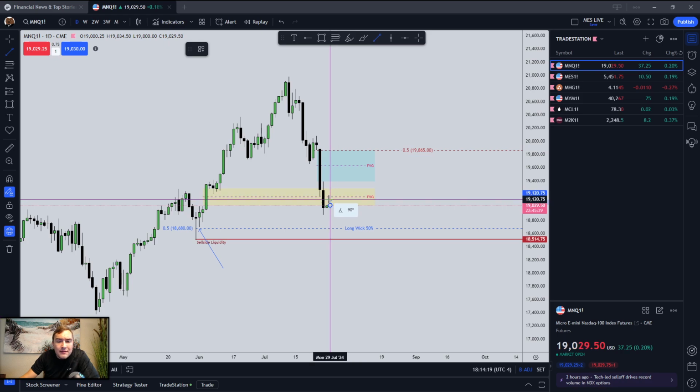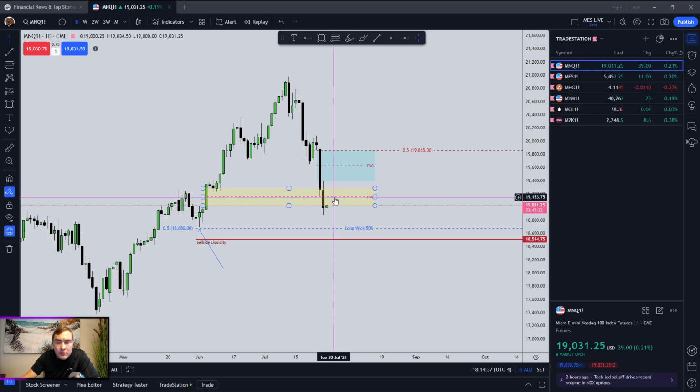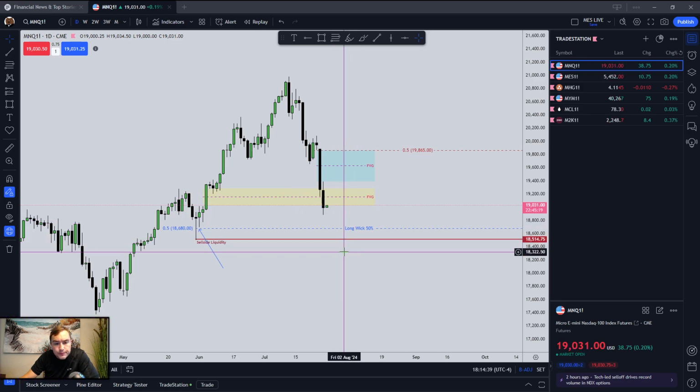So, guys, I would expect that if the market wants to come back and deliver an efficient price, we'll need to get back up to about that 19,280 quarters. Another level that I'm looking at is the consequent encroachment or the midway point of that fair value gap, which would come in at about 19,153 3/4.